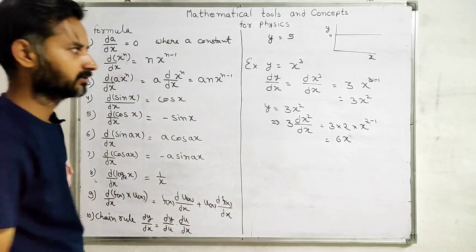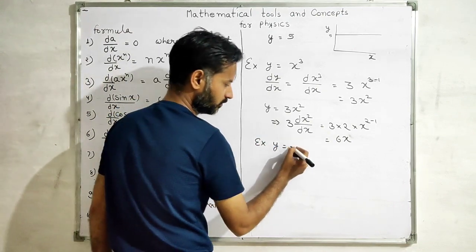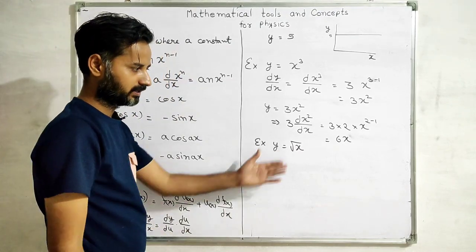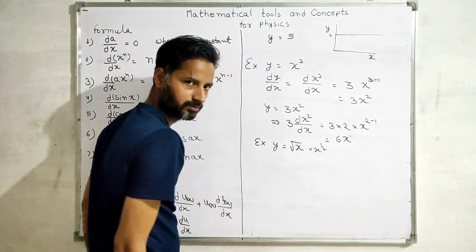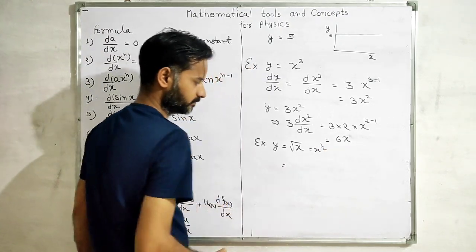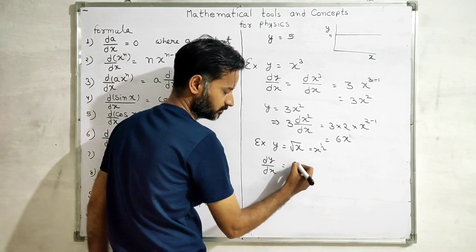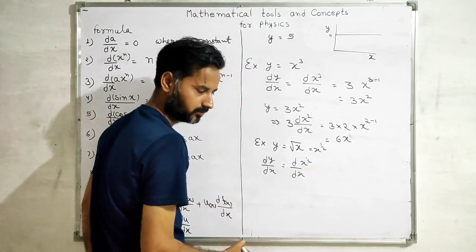If we take another example like y is equal to under root of x, then we can write this x to power 1 by 2. So the differentiation becomes d by dx x to power 1 by 2.